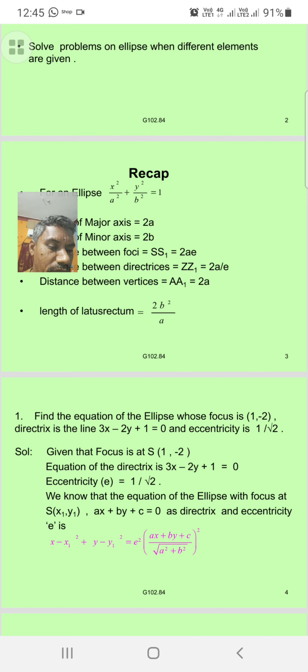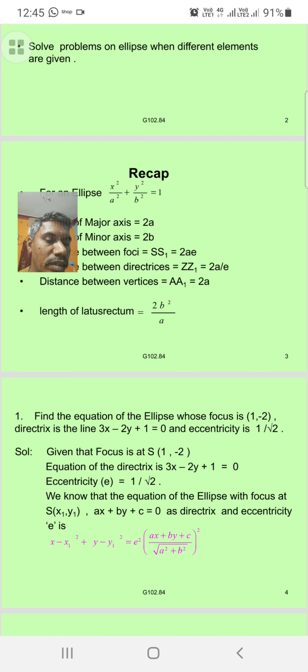And the third type is where he asks particularly for the eccentricity. Sometimes he gives an equation for finding the eccentricity, and sometimes he gives some elements.